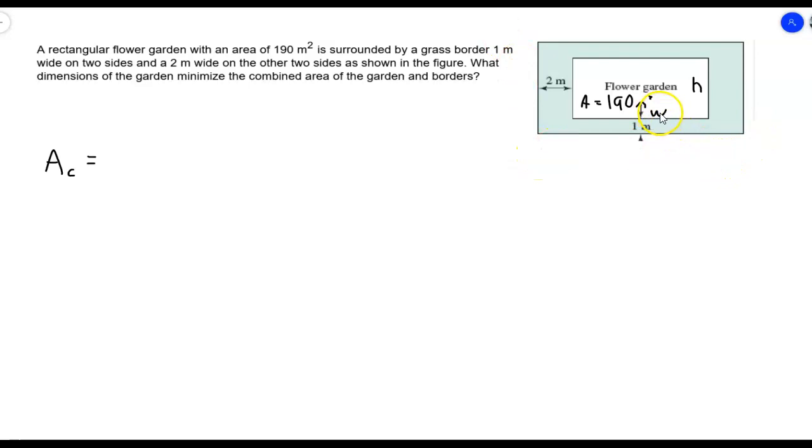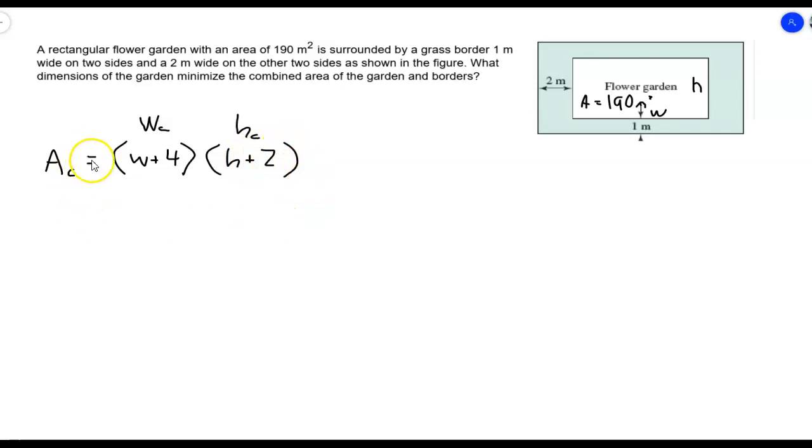The width is the width of the smaller one plus 2 here and plus 2 there, so it's width plus 4. This is the width of our combined rectangle, times the height of our combined rectangle, which is h plus 1 plus 1, so h plus 2.